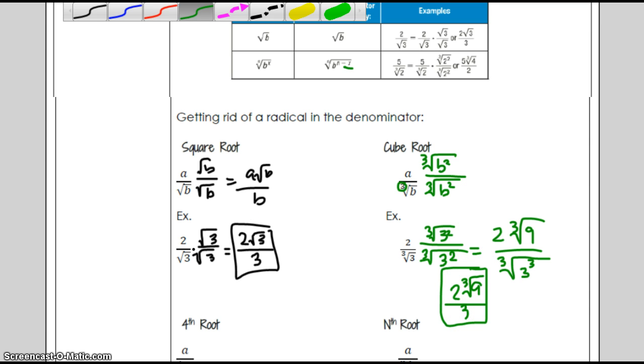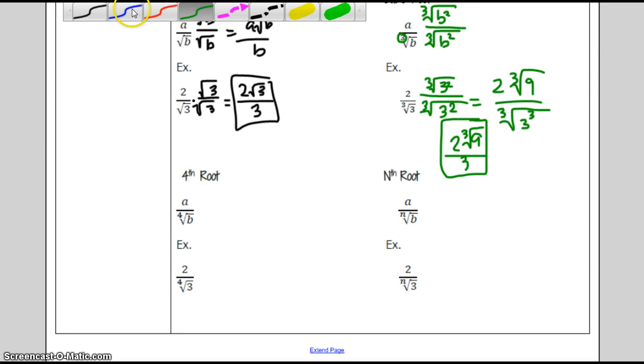So let's take a look at the 4th root. Same thing that we did up here, we're going to do down here, but we're going to make it, again, 1 less than the index. So if our index is 4, then this power is 3. And we do that on the top and the bottom. So next we multiply across, so it's 2, and then it's the 4th root of 27.